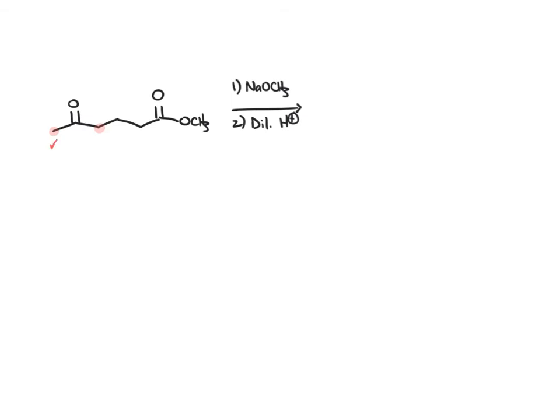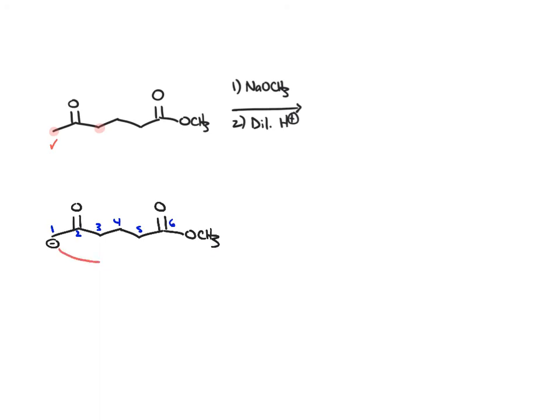So we want to form the enolate on this side. If we draw that, there's our negative charge. Here's the 6 carbons reacting.